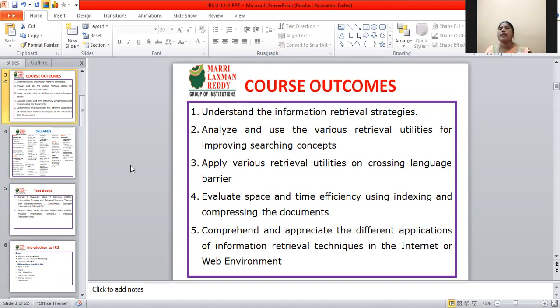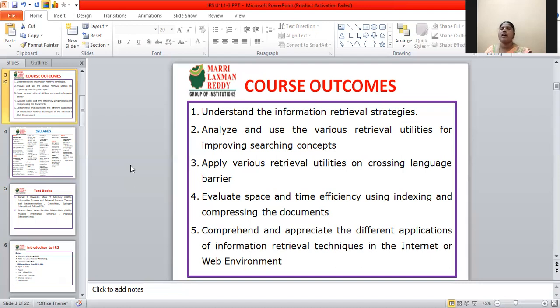The different documents are there, framing the index and also organizing the data structure, the PAT data structure and n-gram data structures are used. Because of that, the searching techniques improve, and we analyze how to improve the searching techniques.